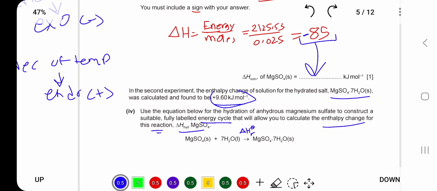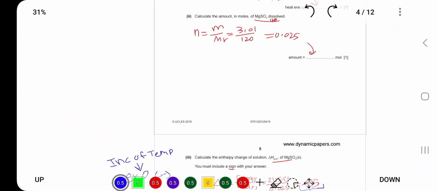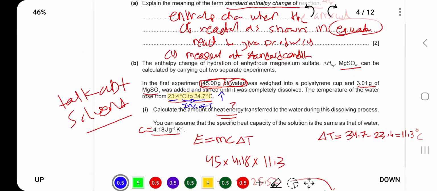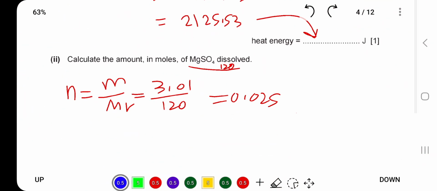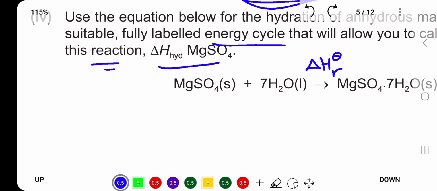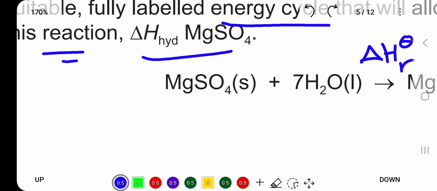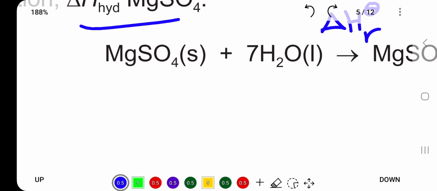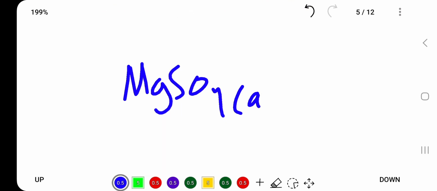Okay, MgSO4 plus H2O. So basically what happens here is, like the first thing they said, that MgSO4 was added and stirred until it was completely dissolved in H2O. MgSO4, which is solid, because it's an ionic compound, dissolves in water, so it will actually give you MgSO4 not solid but aqueous.